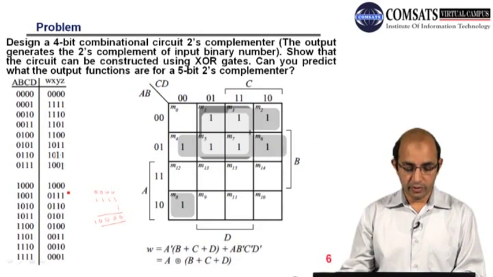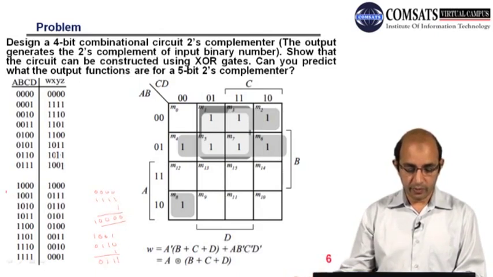So let's talk about 1, 0, 0, 1, right? So I will be having 1, 0, 0, 1. First I will be inverting it to 0, 1, 1, 0. So this is the 1's complement, right? And then I have to add 1. So this is 0, 1, 1, 1, right?